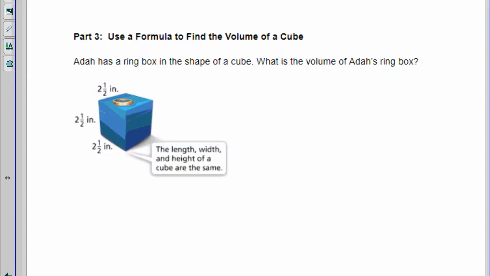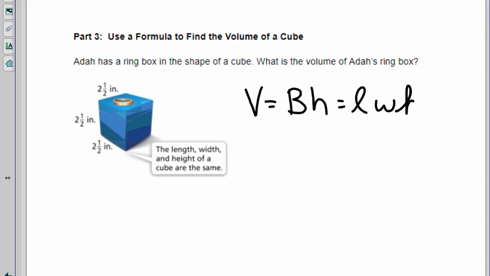All right, now they're looking for the volume of a cube, and they're wanting you to use another formula. You go ahead, do another formula, but let's look at this. We could still use, because it's a rectangular prism, the area of the base times the height, or length times width times height. It doesn't matter. But in this case, all the sides are the same, so we're talking about side times side times side. So the volume of a cube, where all the sides are of equal length, is just side cubed.